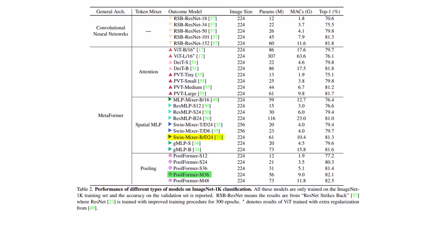And comparing the MACs, Swin Transformer has 10.4, but PoolFormer has 9. So with fewer parameters and computation, PoolFormer actually achieves 82.1, which is more than what Swin Transformer achieves, which is 81.3, which is impressive, isn't it?